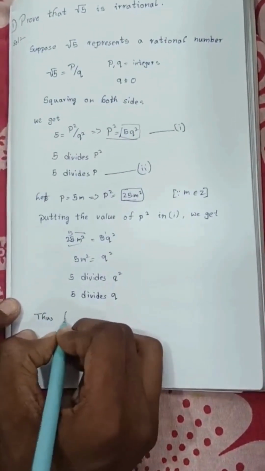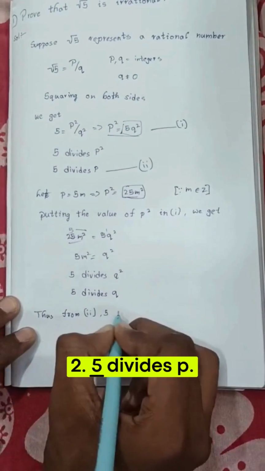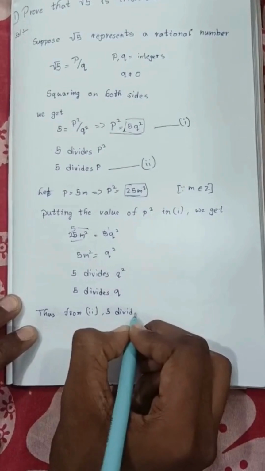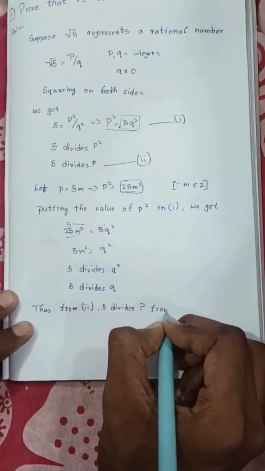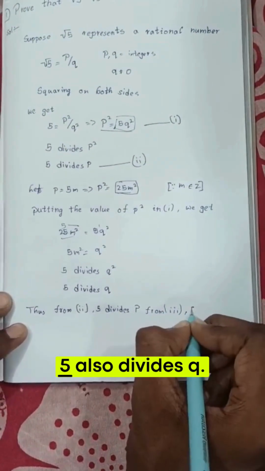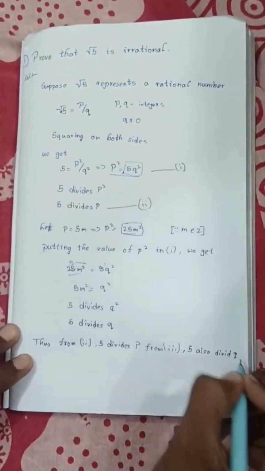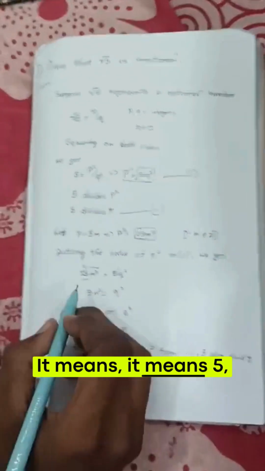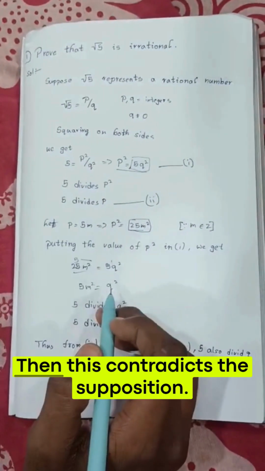Thus from equation 2, 5 divides p. From equation 3, 5 also divides q.